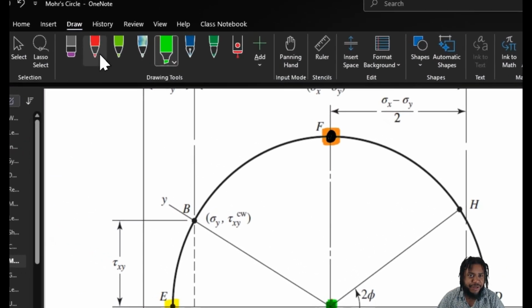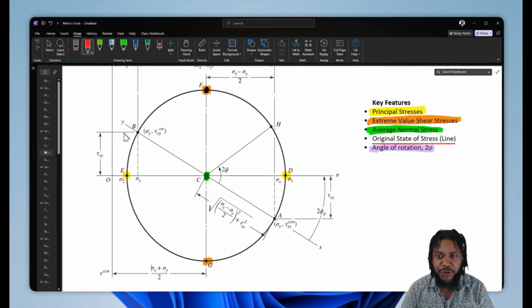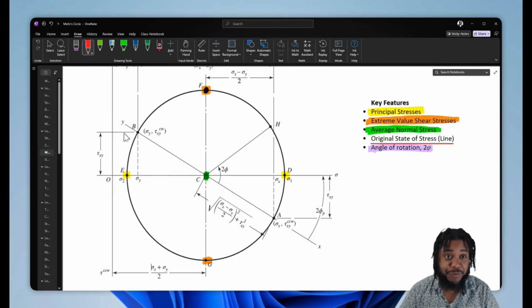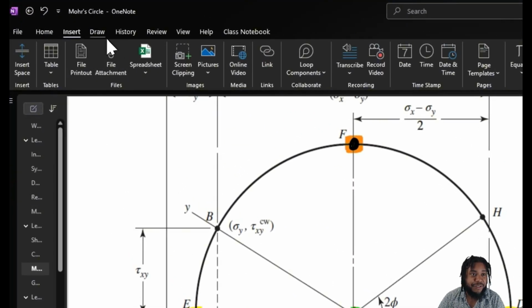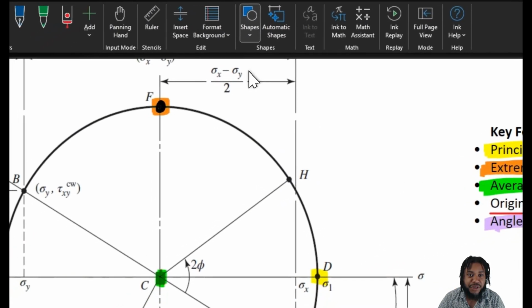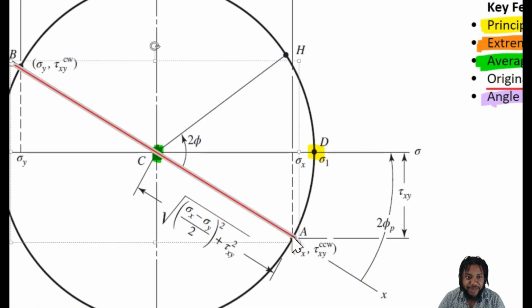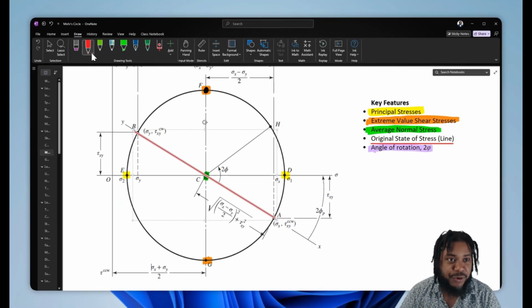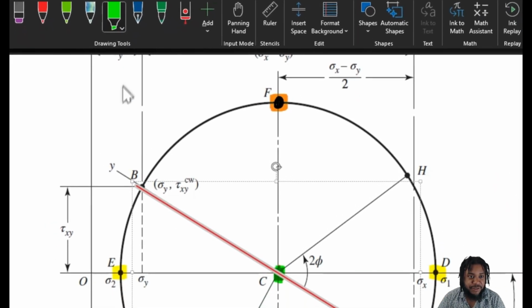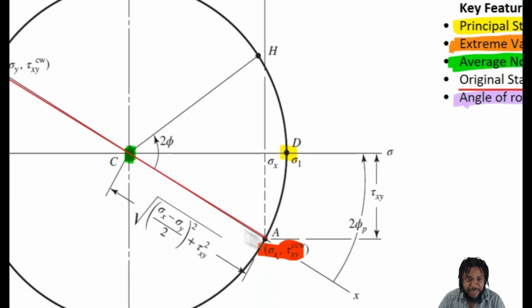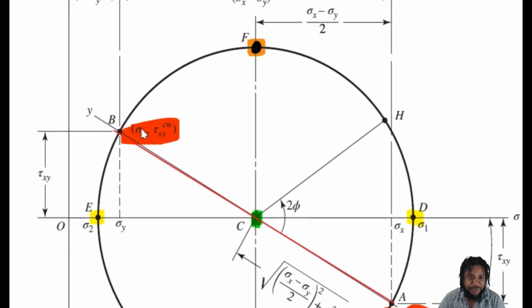And then we have the original state of stress. If our body or our stress element was not cut, what line does that pass through in Mohr's circle? To draw that, we would draw a line that represents our original state of stress, where we have sigma x, tau xy, and we have sigma y, tau xy, right?